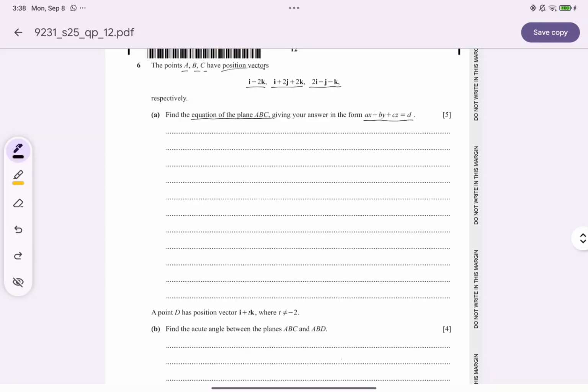So when we sketch, this is our plane ABC, we can see we have two direction vectors in plane ABC. Actually we have three, but let's just choose two. So I'm going to choose AB and AC.